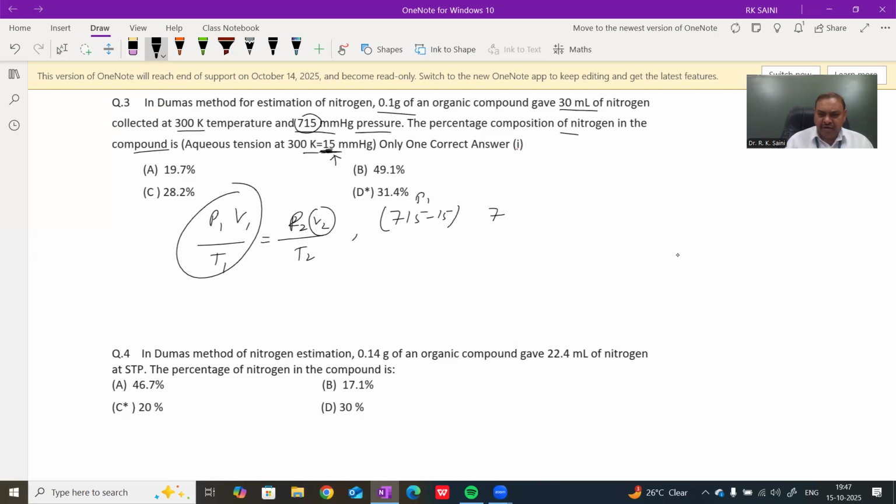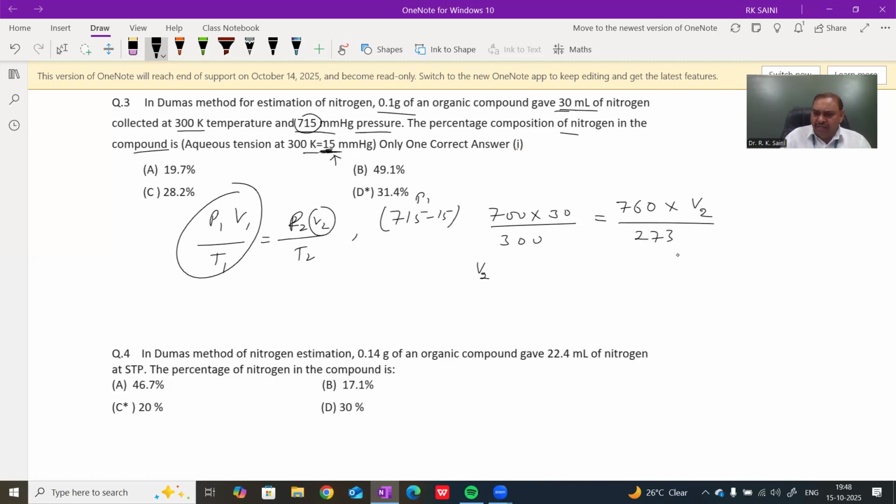Therefore, P1 is 700, volume given is 30 ml, temperature 300 Kelvin. This is the experimental condition. Pressure at STP is 1 bar, meaning 760, and the temperature at STP is 273.